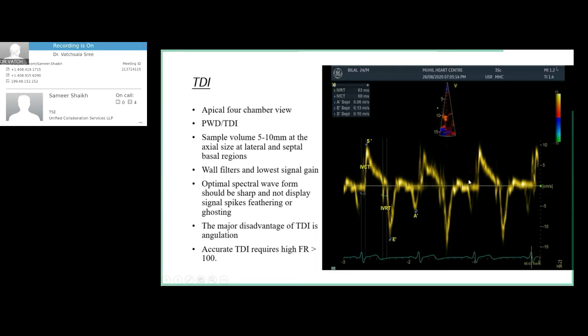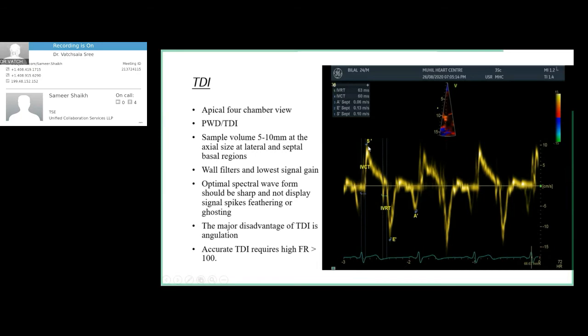Here we have 3 waves, namely the S, the E, and the A. For uniform nomenclature, these are named S dash, E dash, and A dash. They are the same as whatever we saw in the mitral flow. What does the S dash denote?